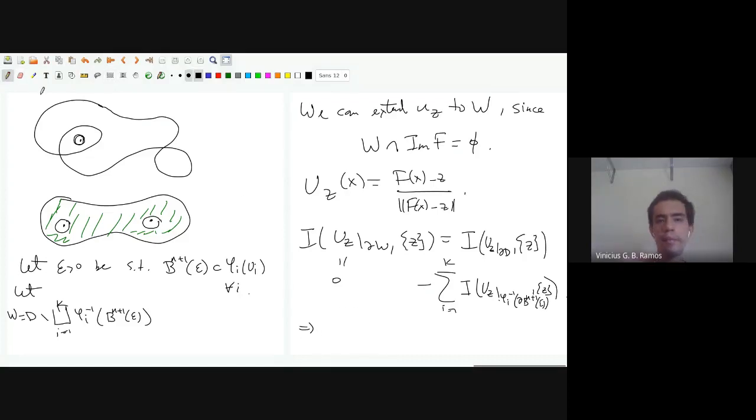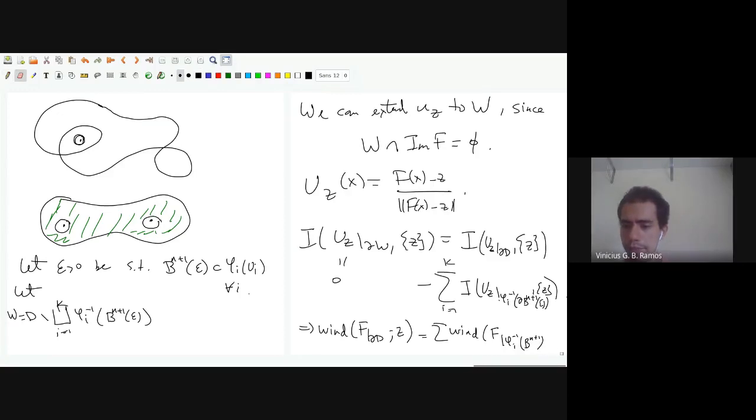So this implies that the winding number of the function f restricted to the boundary of D relative to z is the sum of the winding numbers of f restricted to phi inverse of the boundary of the epsilon ball, relative to the point z.